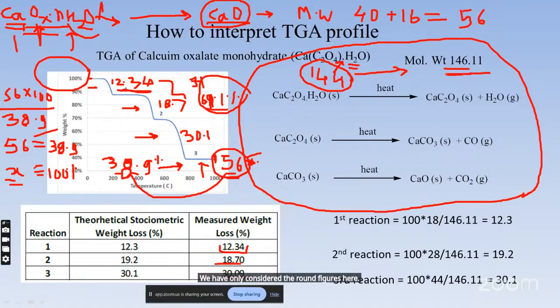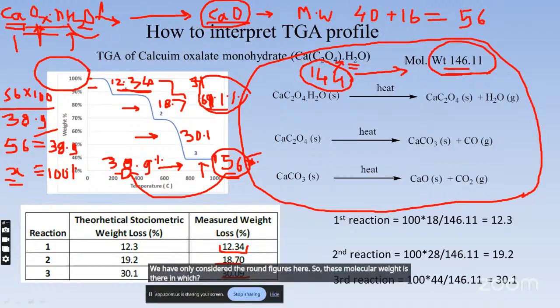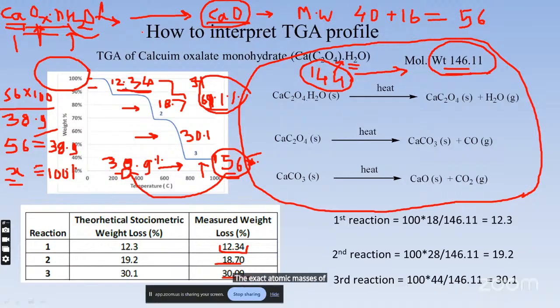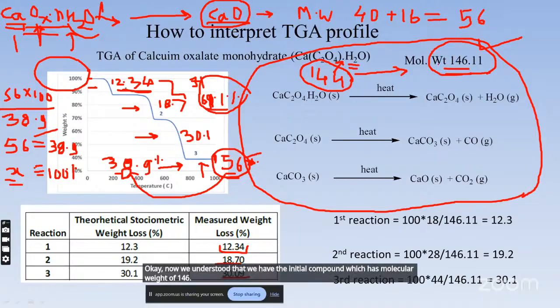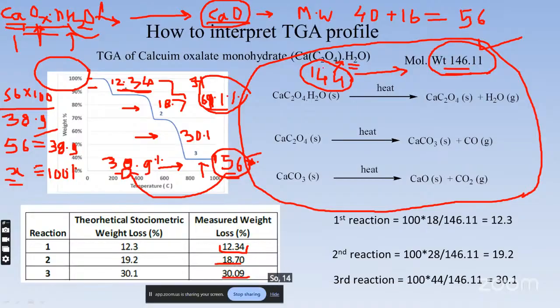This molecular weight considers the exact atomic masses of calcium, oxygen, carbon, hydrogen, everything. Okay, now we understood that we have the initial compound which has a molecular weight of 146, or 144, for the 100% weight.